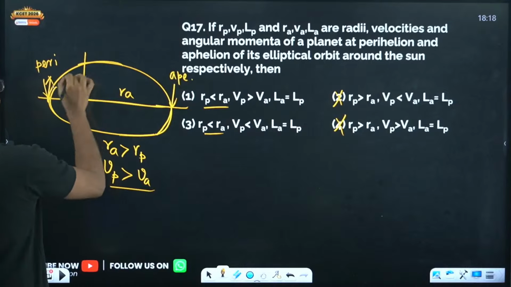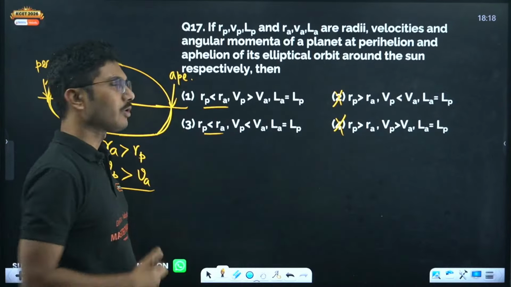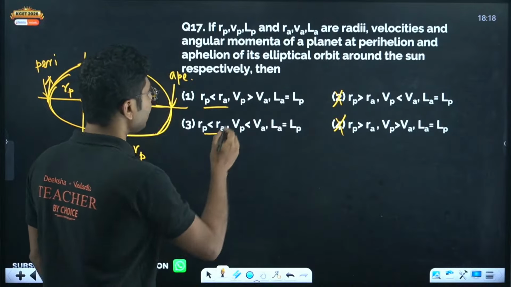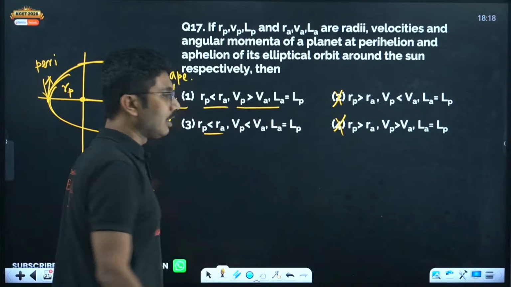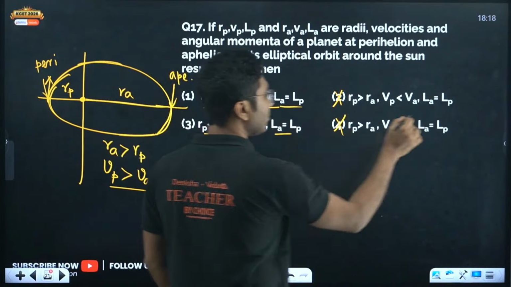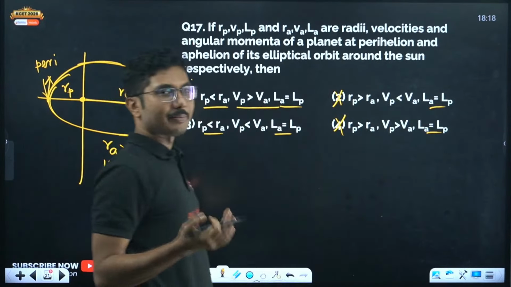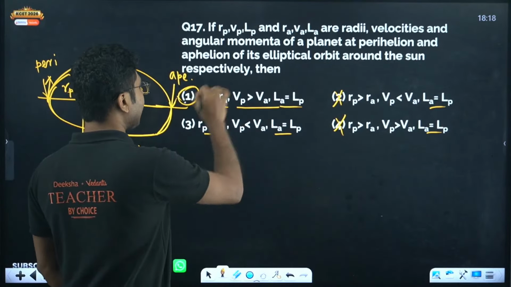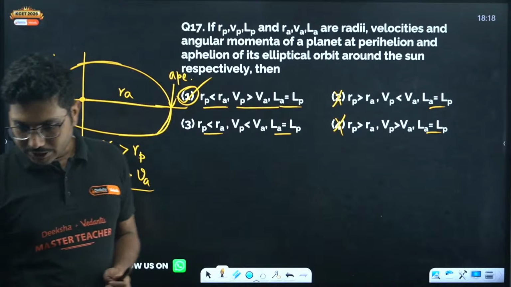Here the planet will move faster. Gravitational force is more, so it will move faster. So velocity at perihelion is more than aphelion. So this logic is also satisfied. And if you see the third option, it is always equal. That means angular momentum is always conserved. So the correct answer is option A itself. Okay, no need to check anything else.